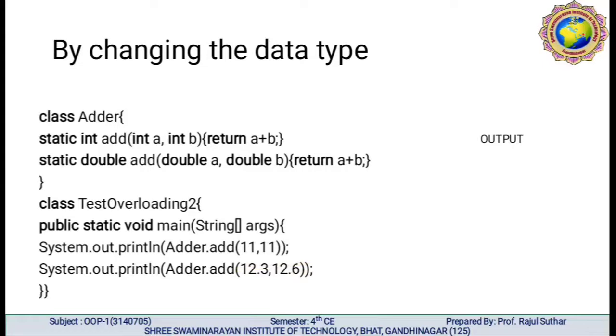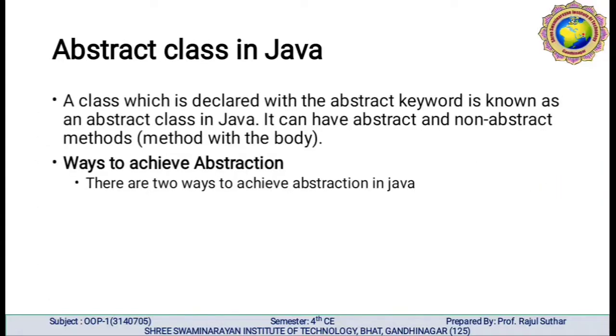Instead of this you can use any value. So what is your output? Simply, the first System.out.println reflects 11 plus 11, that is 22, and the second System.out.println reflects 12.3 plus 12.6, that is 24.9, your output.